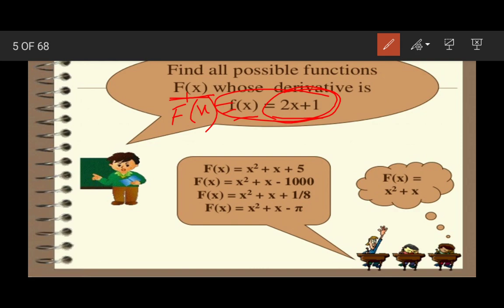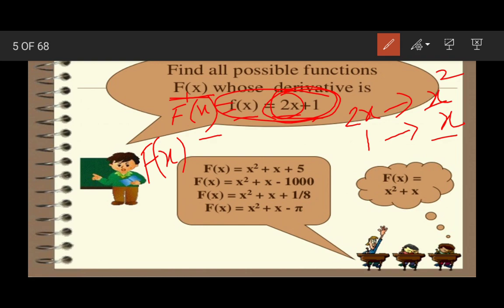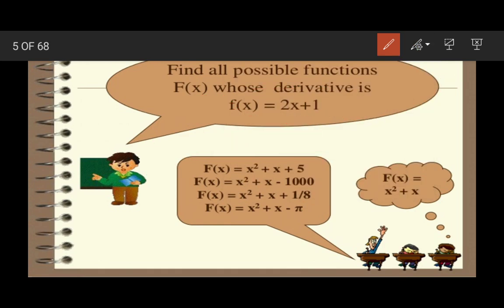Now you know that 2x is a derivative of x square, right? Then 1 is a derivative of x, right? 2x is a derivative of x square and 1 is a derivative of x. So here F of x is equal to x square plus x. Clear? Once again I am repeating this, just concentrate. Here the derivative is given and we have to find the original function.